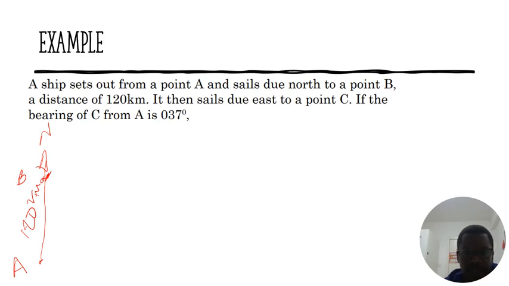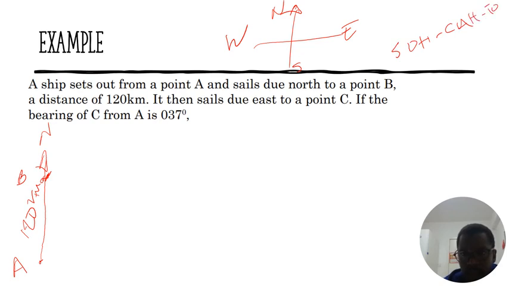And it then sails due east. Where is your east? Let's just put that compass there. That's north, east, west, and that's south. Okay, and we can as well put this SOHCAHTOA aside.